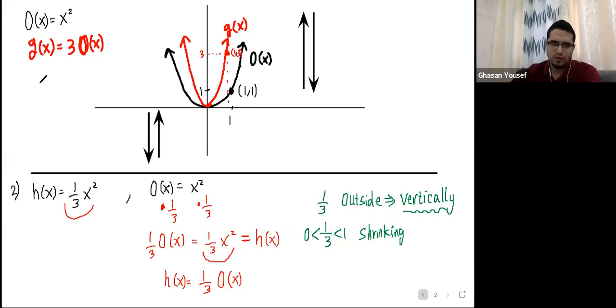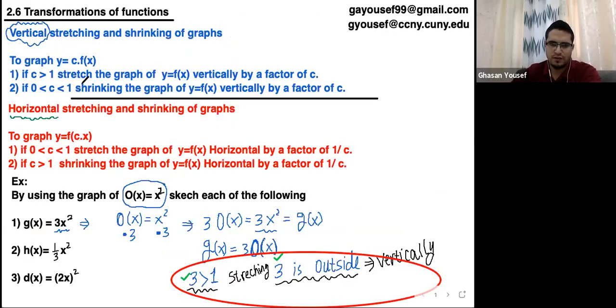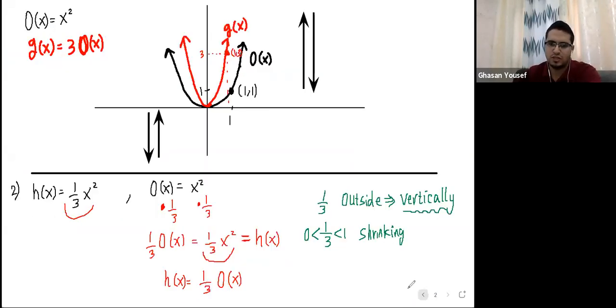Go back to the rule. You see 0 and 1 and vertically mean we have to do shrinking to the original function. My original function in this question is O of x equal x squared, the parabola. So we have to do shrinking to the parabola. Okay, so let me graph the original function.